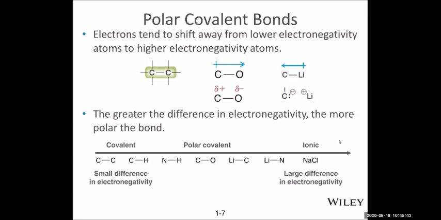The electron will be lost from the low electronegativity metal to the high electronegativity chlorine and give us an ionic compound. So that's polarity. We have different degrees of polar bond.